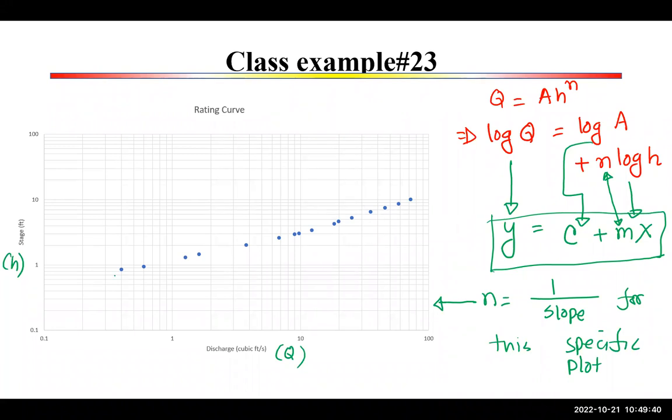You know all the rules about drawing the trend line, right? Make sure that you have about the same number of data points on both sides, on average the same distance. Okay, this one is mine. On this one, we will find out the slope and then we will calculate A.